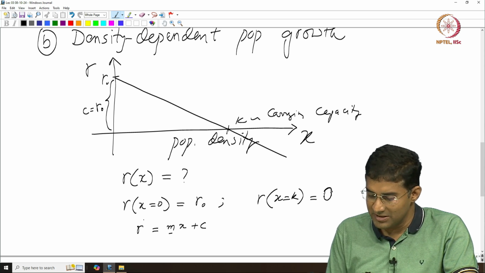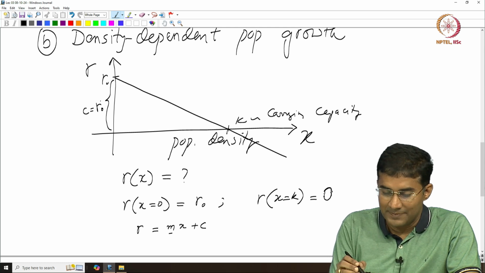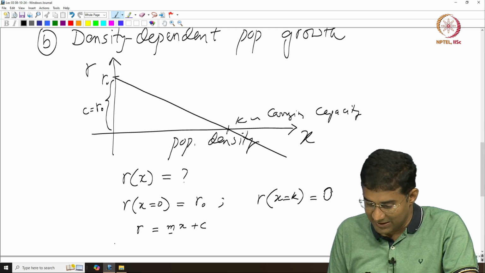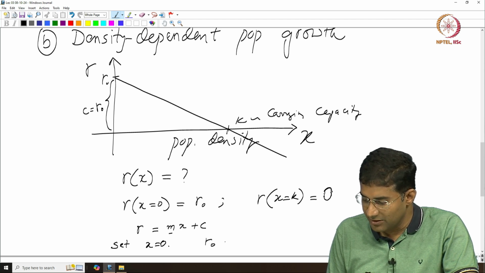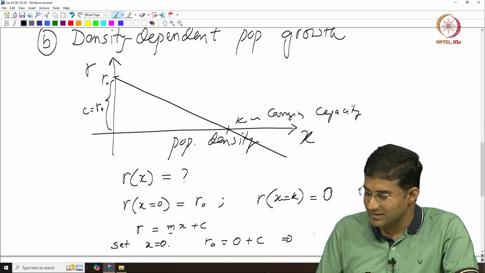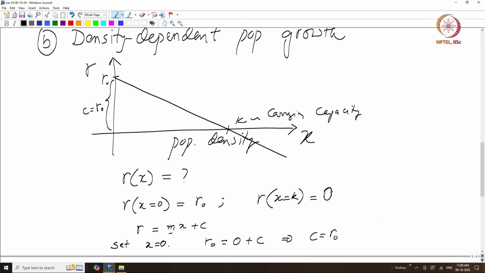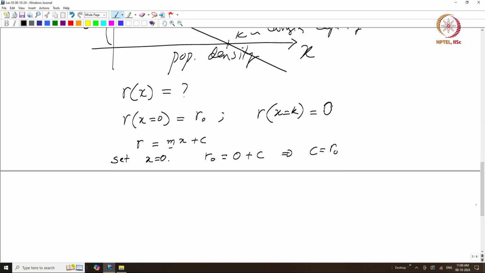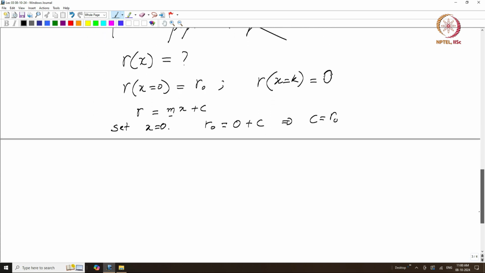The first piece of information gives you that the value of c is r 0. If I set x equals 0, we know that r is equal to r 0, the first term will be 0, the second term will be c, this means that c is r 0. Whatever I just argued by looking at the graph can also be done algebraically here. So, of the 2 parameters in the straight line equation, we have now found one, which is c.